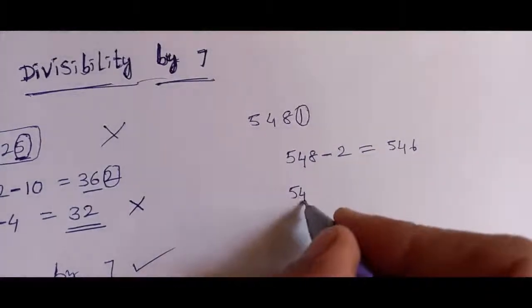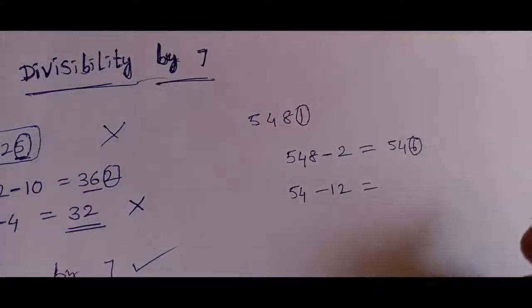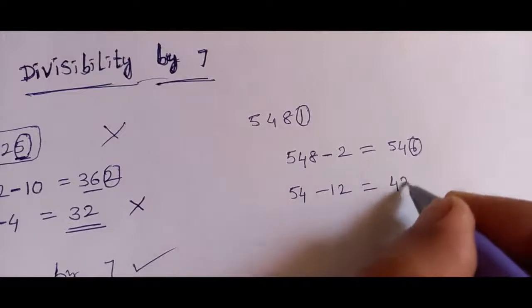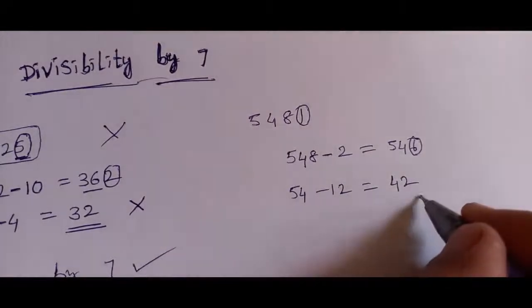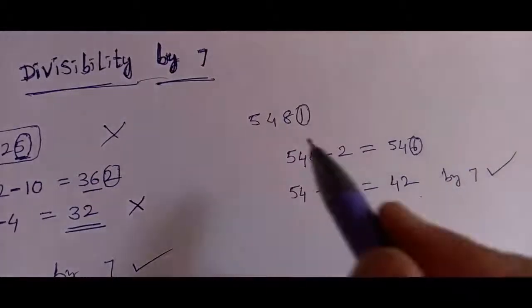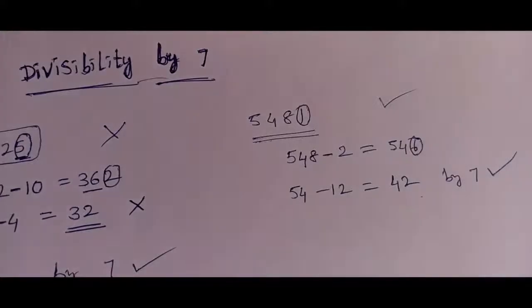Again write 54, double of the 6 is 12. So 54 minus 12 is how much? 42. 42 is divisible by 7. So 5481 is also divisible by 7.